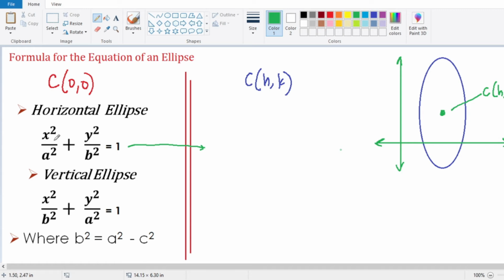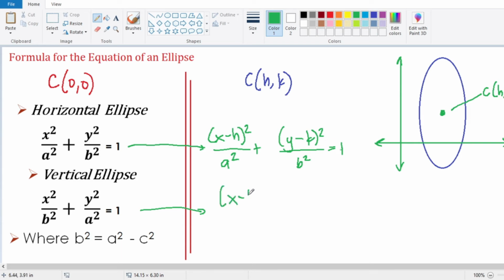Palitan lang natin yung x and y dito ng x minus h squared all over a squared plus y minus k squared over b squared is equal to 1. So, ito din, kapag vertical naman yung ating ellipse, ganun din, x minus h squared all over b squared plus y minus k squared all over a squared is equal to 1.